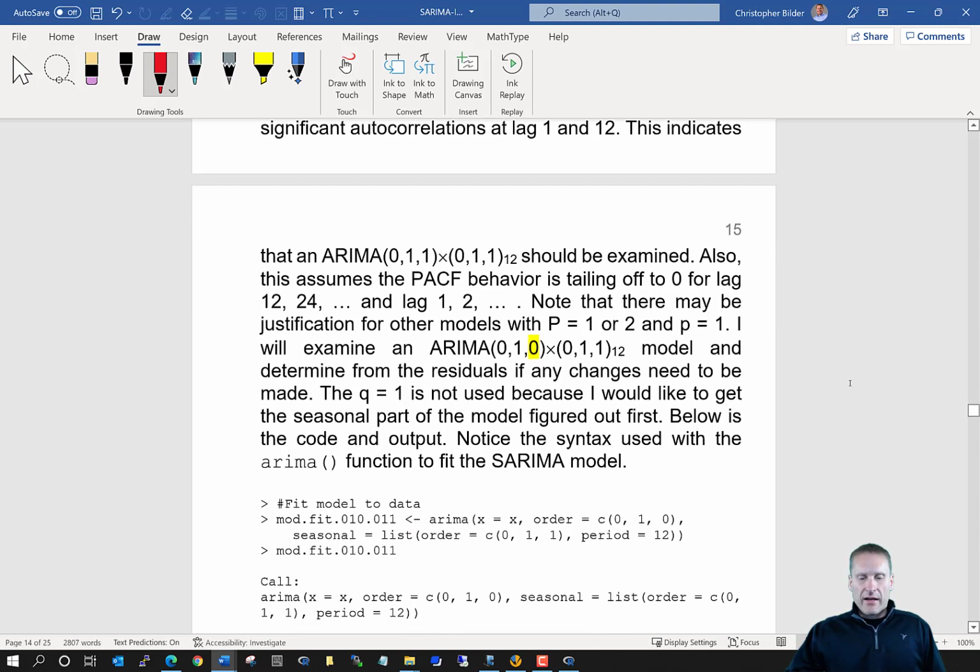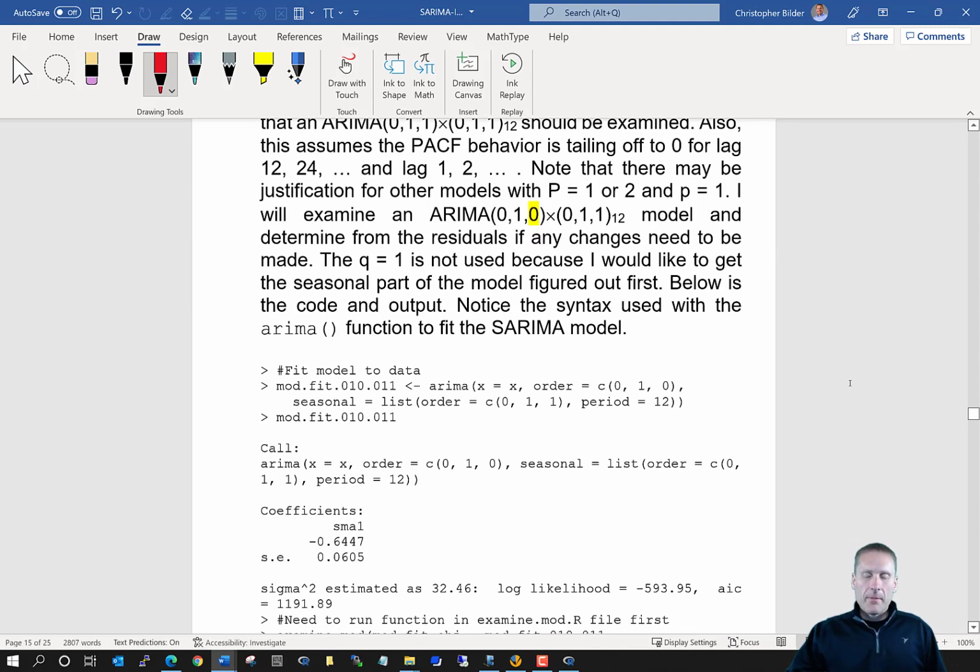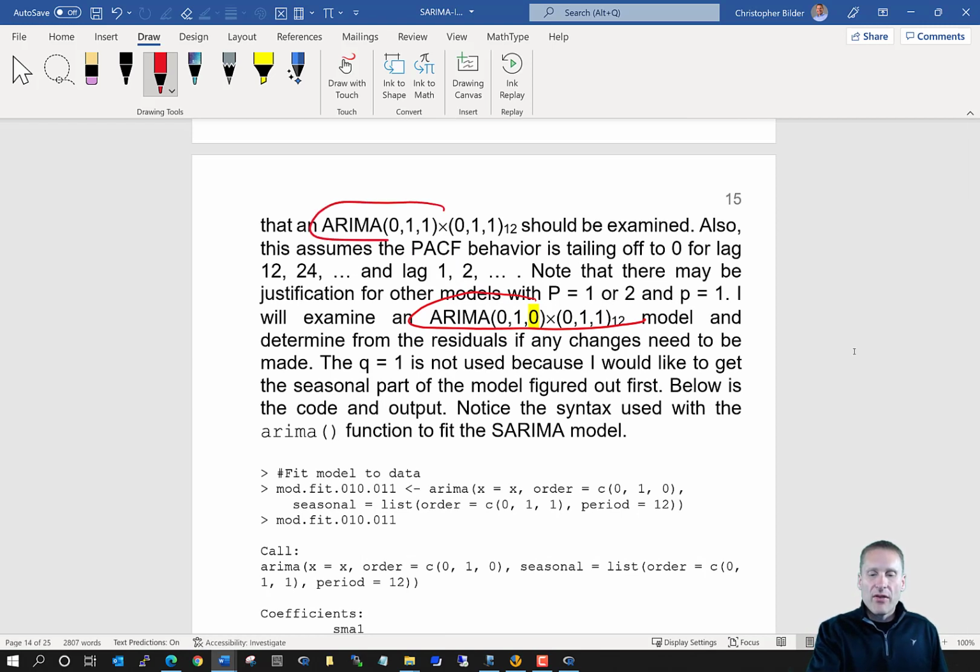Let's see. So I think I've talked about all that here. And so what we saw with the autocorrelations and the partial autocorrelations of the different series is that this particular model seems to be appropriate. Now, the problem that you may have, as we've discussed before, is that if you don't know that indeed that is a true model, it may be a little bit difficult to figure out when this is tailing off to zero, when it is cutting off to zero, and stuff like that.